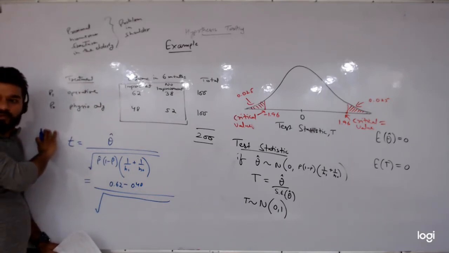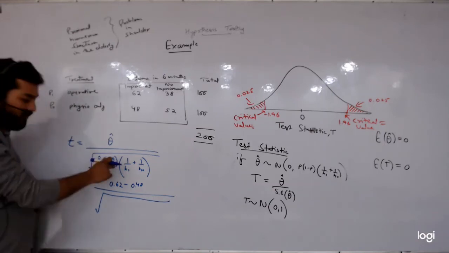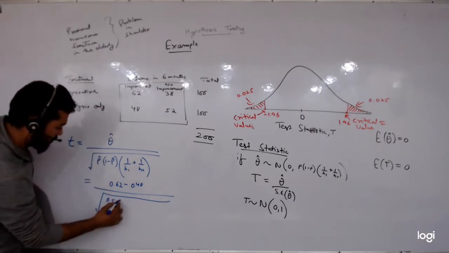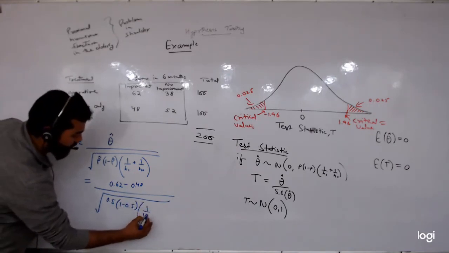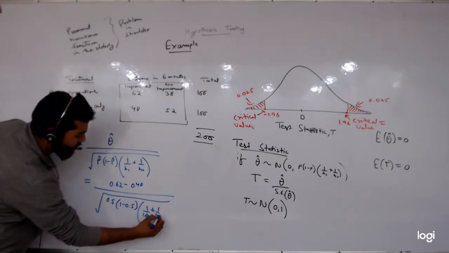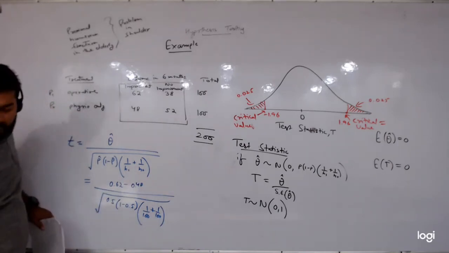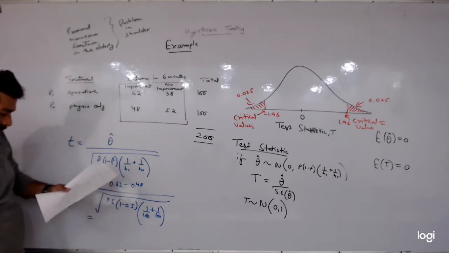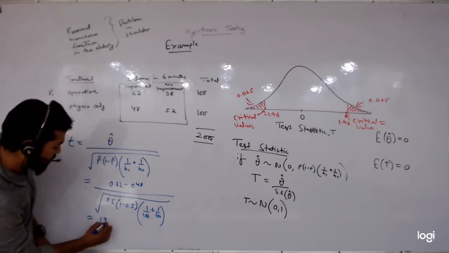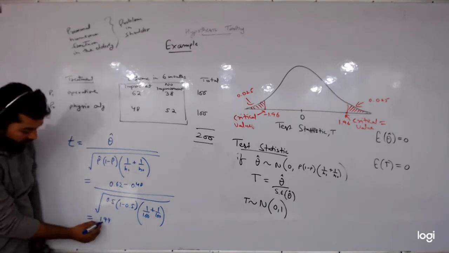If the null was true, we're going to put 0.5 and 0.5 over here. Then we have 1 over 100 plus 1 over 100, squared. This is going to give us the value 1.99.